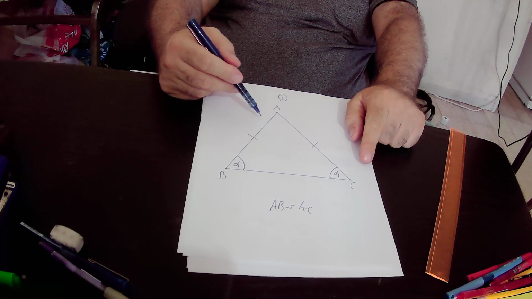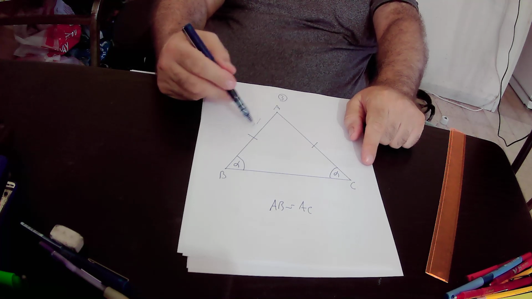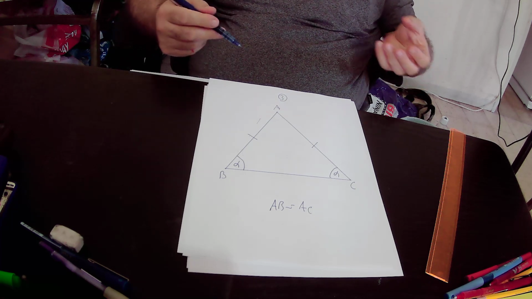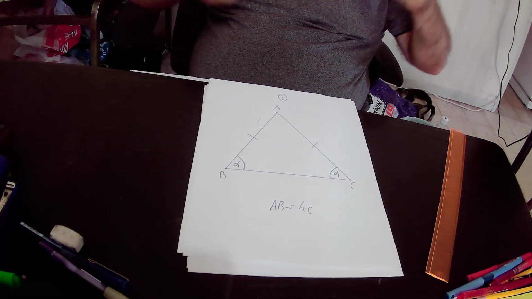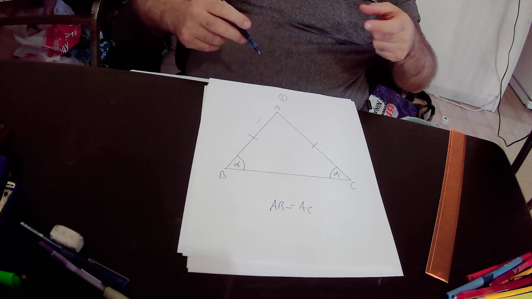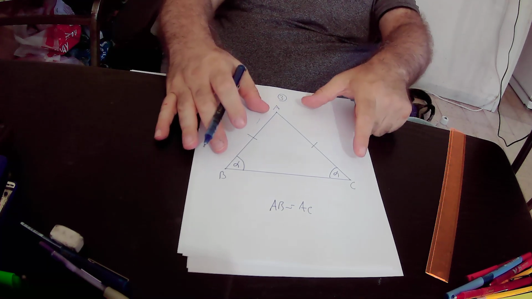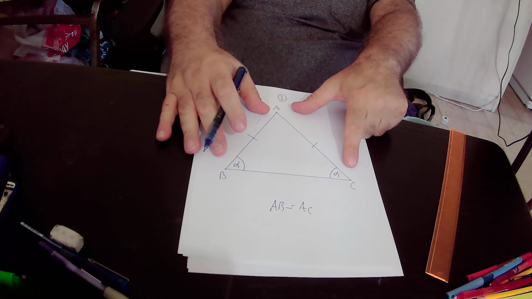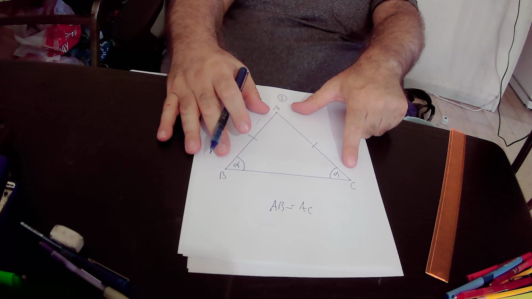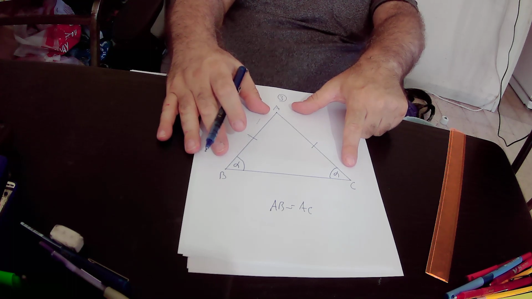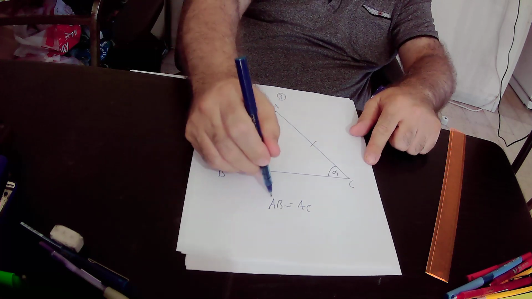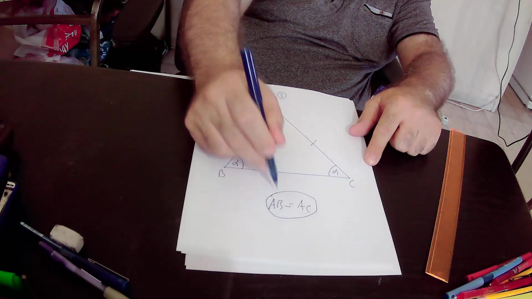So according to rule number 1, AB equals AC, because the sides in front of equal angles are also equal between them.